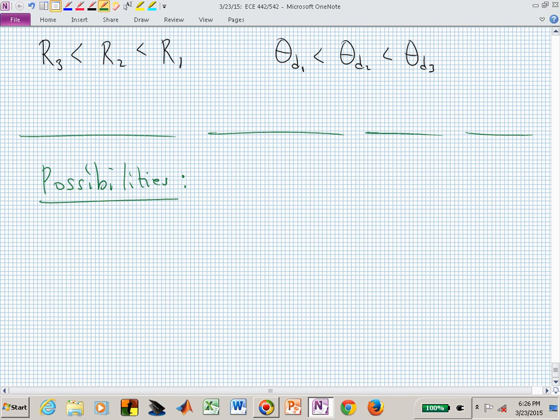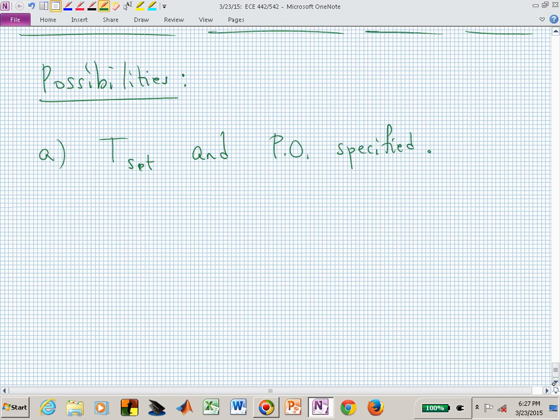Okay, possibilities. What do we have? We could have two different specifications given to us. Somebody might say, oh, I want a given settling time and a particular percent overshoot. Those two are now specified. What does that tell you about your desired pole locations? Let's now remind ourselves what this means.